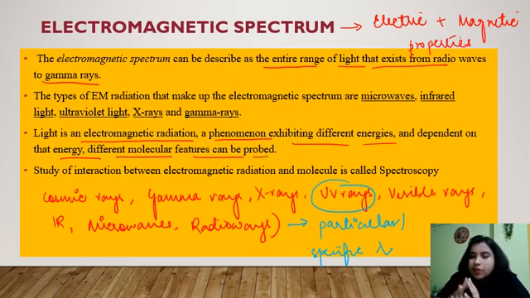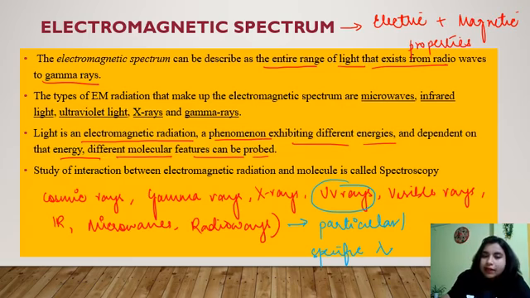According to the wavelength there are many different types of waves, and they have both electrical and magnetic properties, so we call them electromagnetic waves.